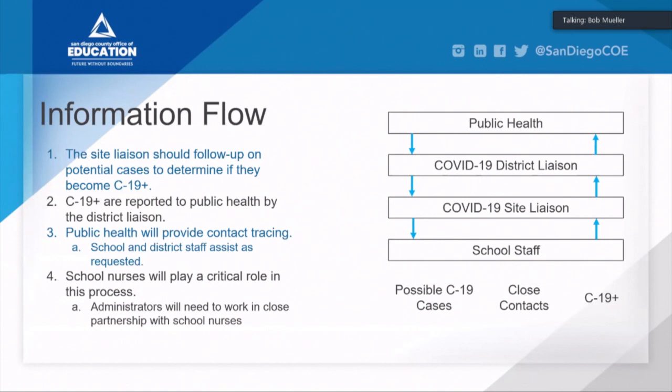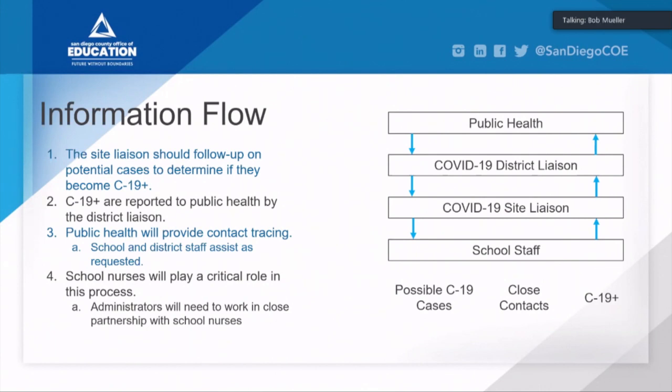In terms of information flow, if you're in a school district, you should have a COVID-19 liaison for your school district and for your school site. Chances are good frontline staff are going to be the first people to hear about the things at the bottom of that graphic.